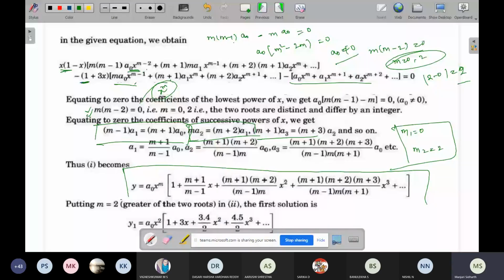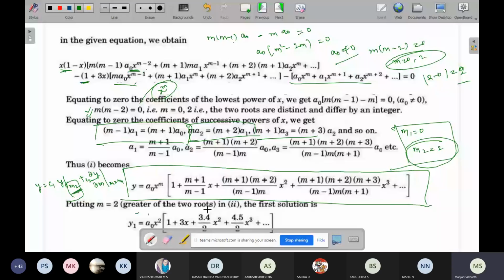Now see what the solution was. I will write y = c₁ (value of y at m₂, the greater root) + c₂ (∂y/∂m at the lesser root). Let's substitute m₂ = 2. When I substitute m = 2, the greater of the two roots, you get this.